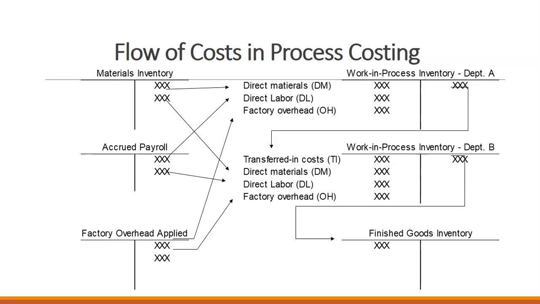Department B then gets those costs that are transferred in from Department A, and then they add on costs for processing goods in their department, direct materials, direct labor, and overhead. When Department B is finished with it, they transfer the finished product to finished goods. You will have as many departments or processes that is required for the manufacture of your product.